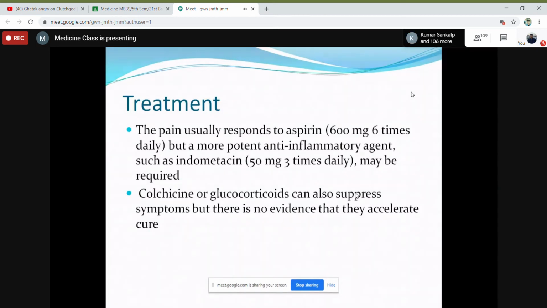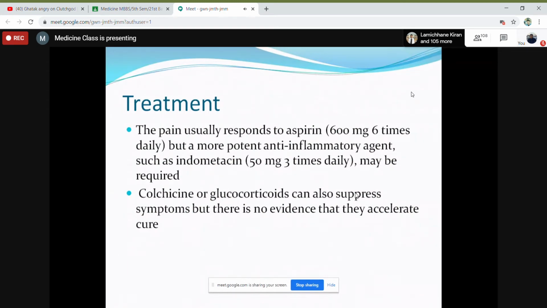In a patient who responds to these drugs, the drugs should be continued for at least 1 to 2 weeks, and the dose should be tapered over several weeks. So the first thing that we give for relief of pain is aspirin. Otherwise, we can give other non-steroidal anti-inflammatory drugs.